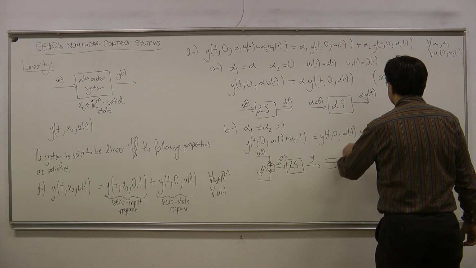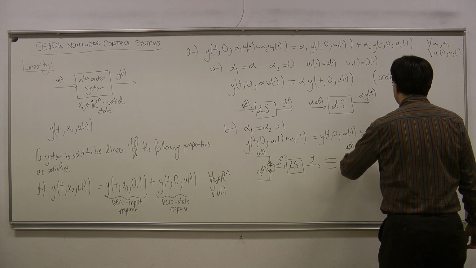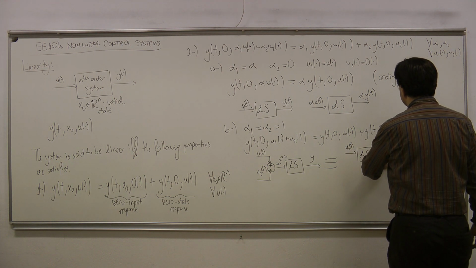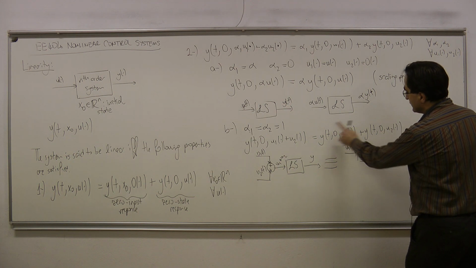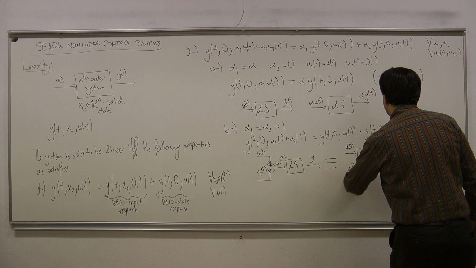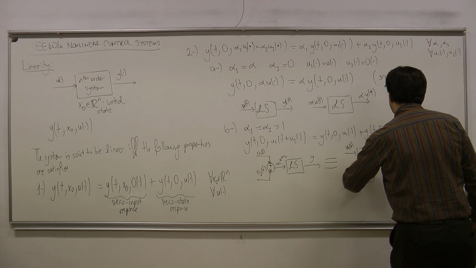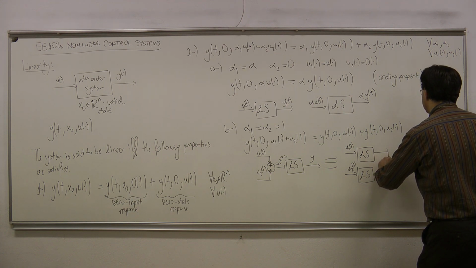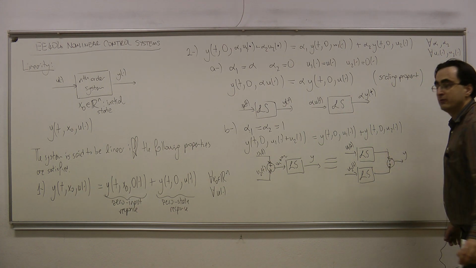If I give the system the input u1 individually, I get an output here. If I give the system u2, I get another output here. If I sum them, this is also going to be y.